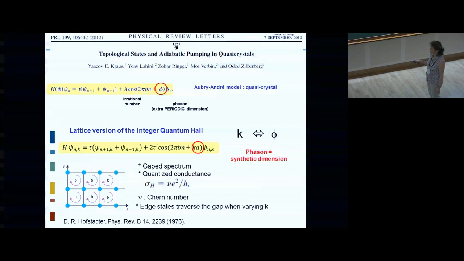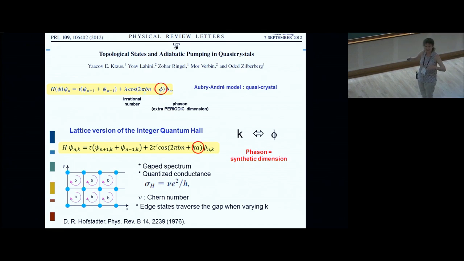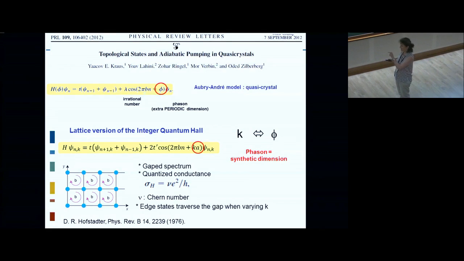In the quantum Hall effect there are edge states, and these edge states traverse the gap when you vary k. There is a periodicity in k, and the edge states traverse the gap when you sweep k over the Brillouin zone.